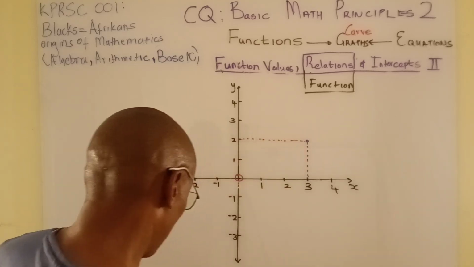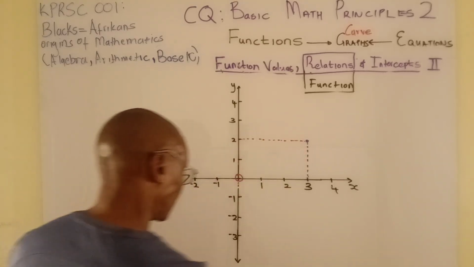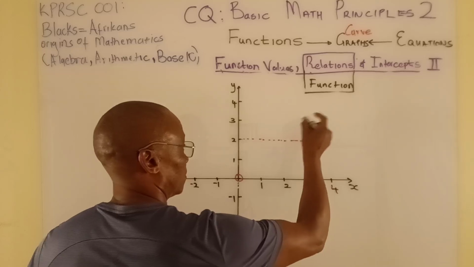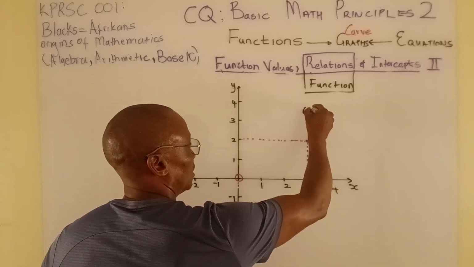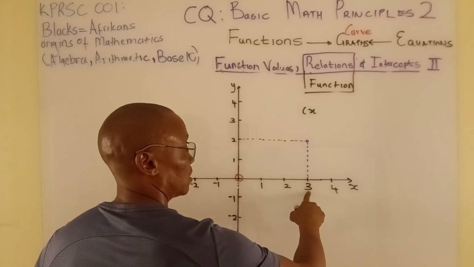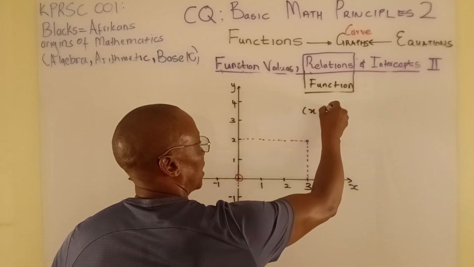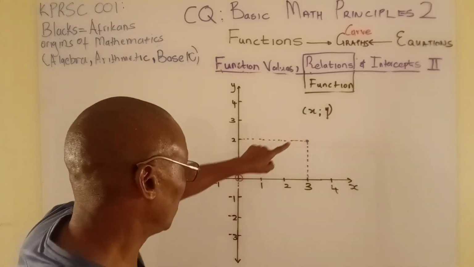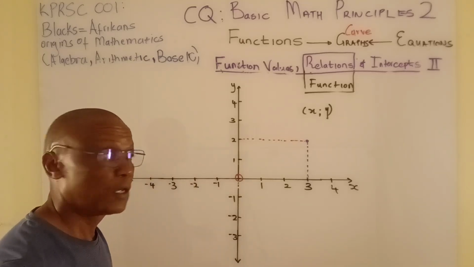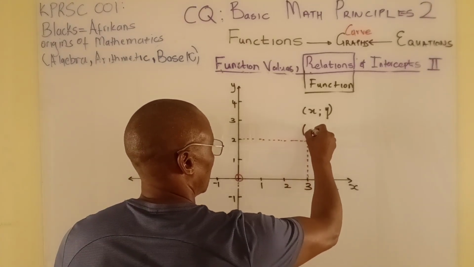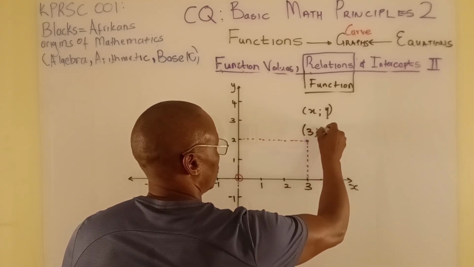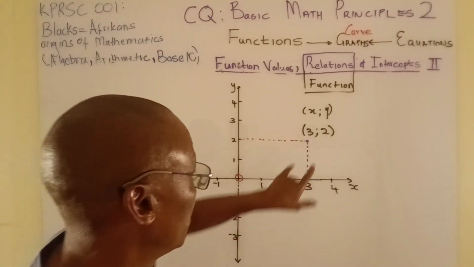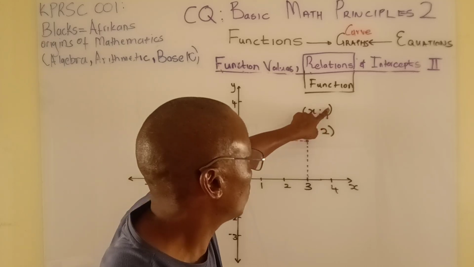By convention, when we highlight a point, meaning we give it a coordinate, we start with the x value and then the corresponding y value. In other words, for this one, it will be 3, 2. This combination, x and y.